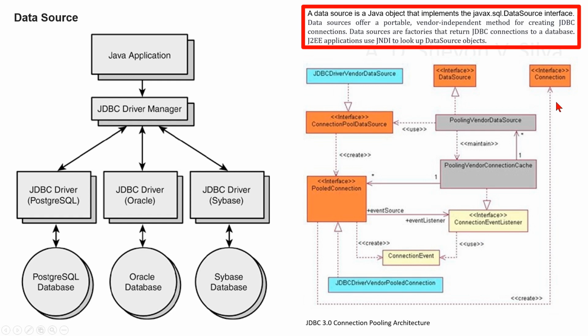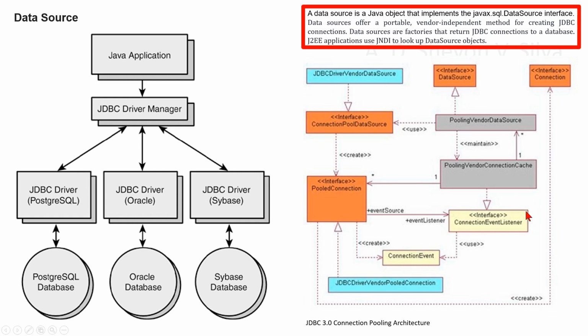When a connection created by the pool connection closes, the connection cache module returns the pool connection object to the cache.